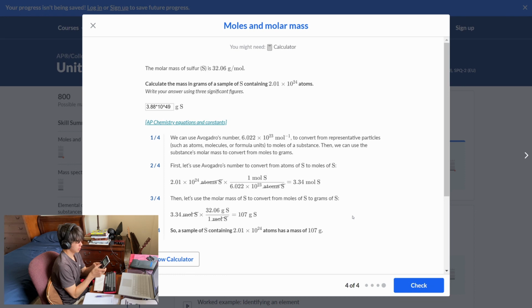So you just multiply it by 1 over Avogadro's constant. Okay, and then you use this thing. And then you've got the number of moles times number of grams per mole, because that's correct. You get 107.